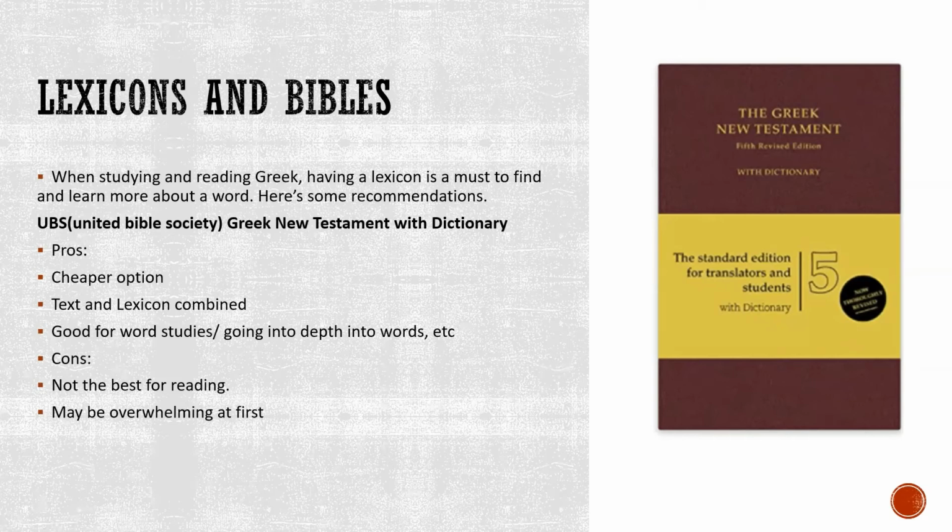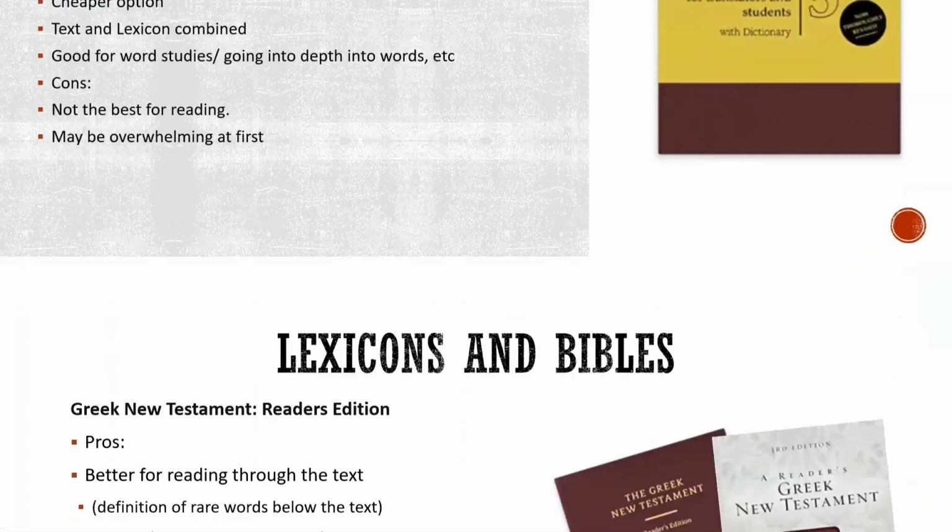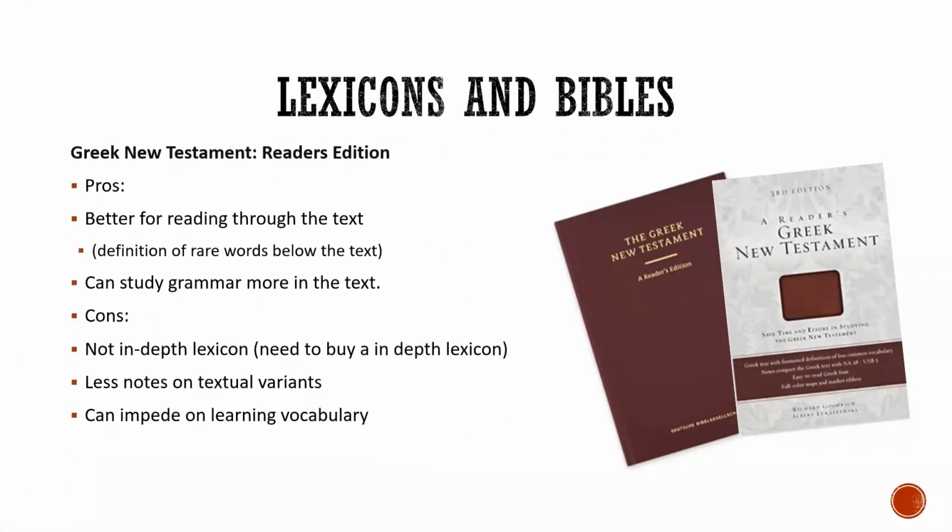However, there's no such thing as a perfect text, and the main problem with the text I'm showing you here is that it's not the best for reading, and at the same time it might be overwhelming at first when reading through the text. The other option you can get is a reader's edition, which is typically better for reading through the text since they have definitions of rare words below the text, along with a simpler lexicon.